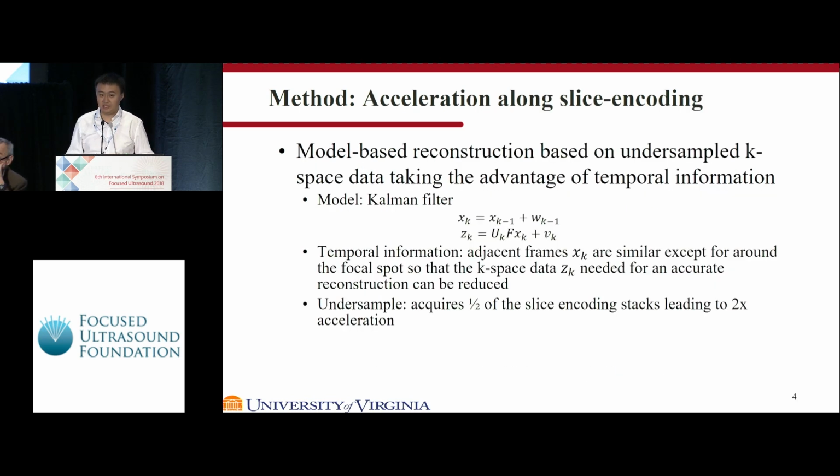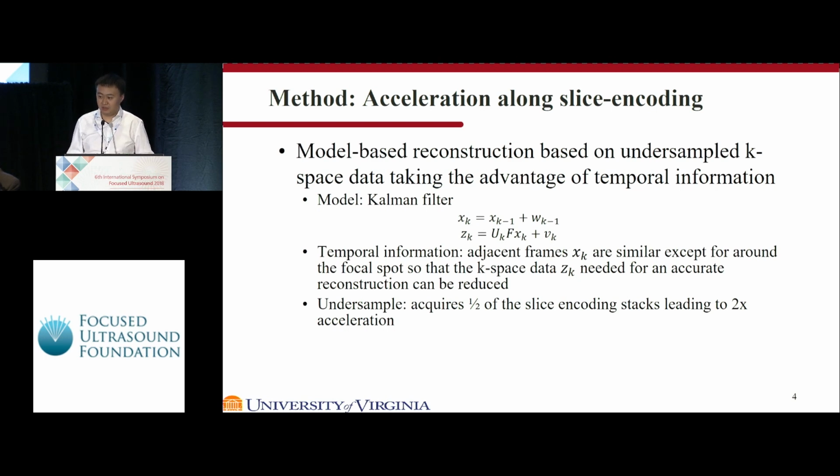However, even with the efficient trajectory, we still face the challenge of reduced temporal resolution when we do fully sampled k-space. Because in thermometry the temporal information is usually redundant, this can be taken advantage of to reconstruct the image based on undersampled k-space data.